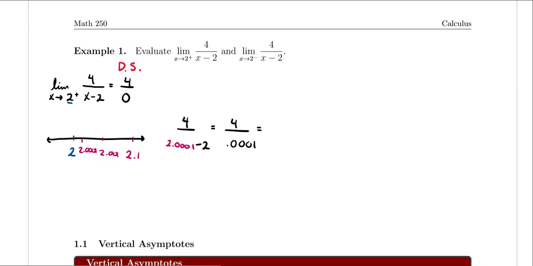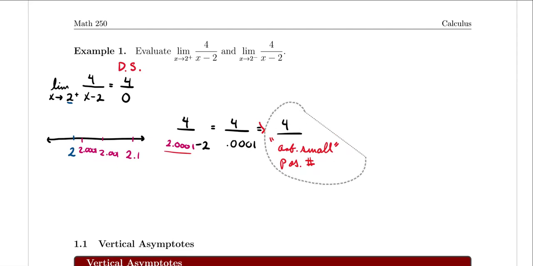But the thing is, I chose here the 2.0001, but really I could have gotten closer to 2 if I wanted to. Remember, we can get as arbitrarily close as we want. So in essence, what's happening here is that we have 4 divided by an arbitrarily small positive number.